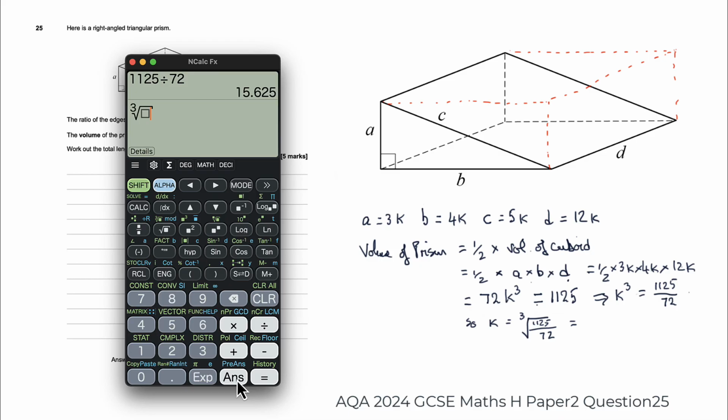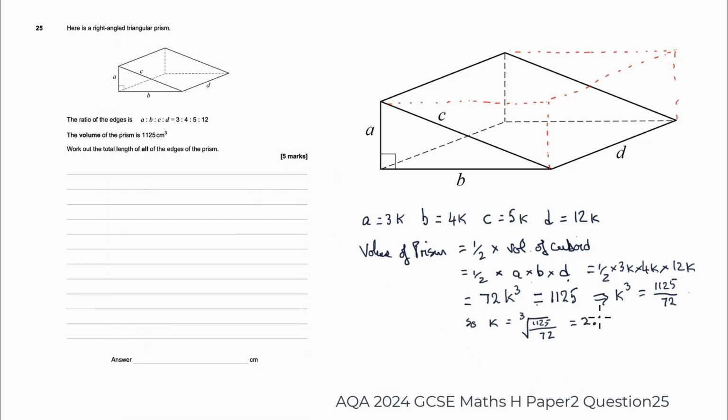I'm wanting the last answer. Find the cube root of 15.625. Now you'll need to find out in your calculator how you can get cube roots. That equals 2.5. So I now know that k is 2.5, and I can work out the values of A, B, C and D. A is 3 times 2.5, that'll be 7.5.